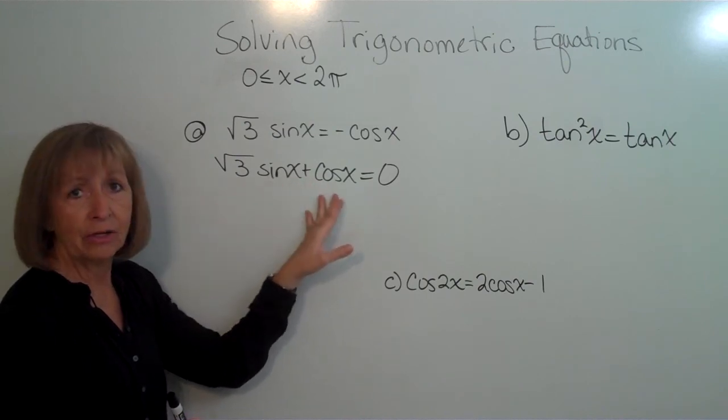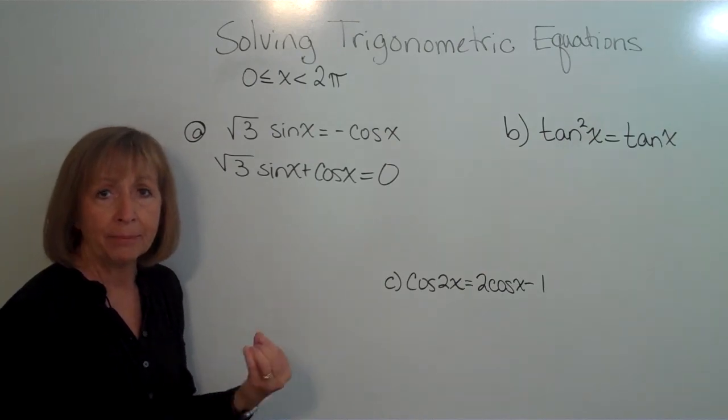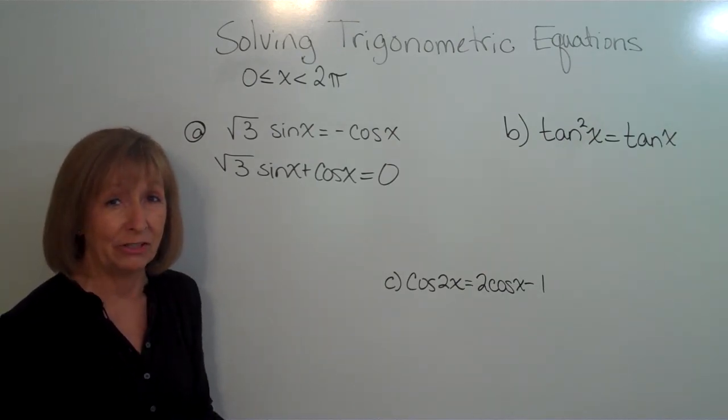And then I want to recall that I have an identity that lets me transition the sum or difference of a sine function and a cosine function, when they're acting on the same angle, back into an amplitude change and phase shift of a sine function.